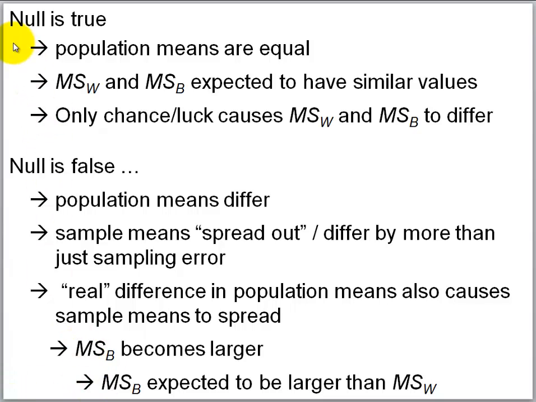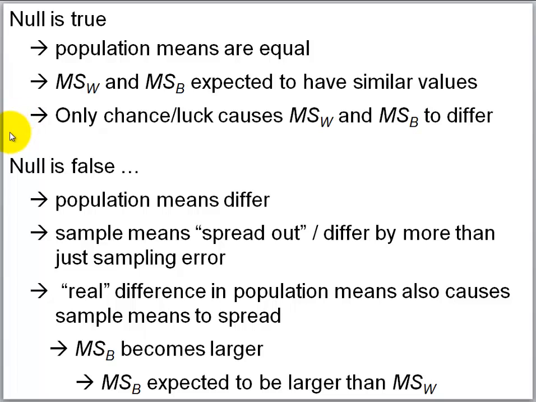When the null is true, which is to say when population means are equal, we expect the mean square within and the mean square between to have similar values. When the null is true, only chance, the luck of the draw, causes the mean square between and the mean square within to differ.